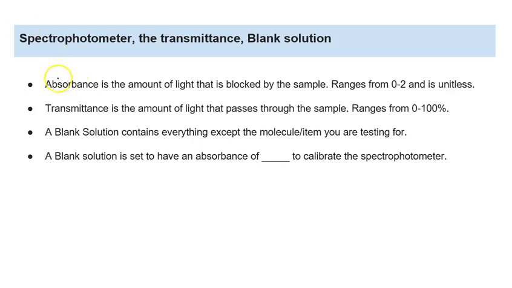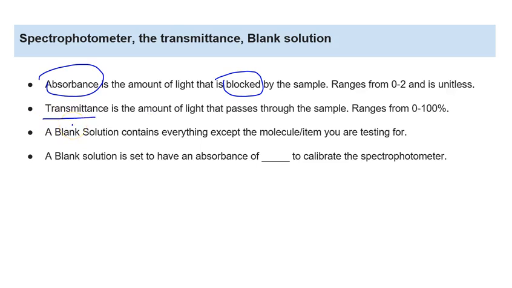One more time, absorbance, as the name of this term is descriptive, is going to be absorbed by the sample. So we pass the light through the sample, but the amount of light that the sample blocks is called absorbance. The amount of light that passes through the sample is called transmittance.